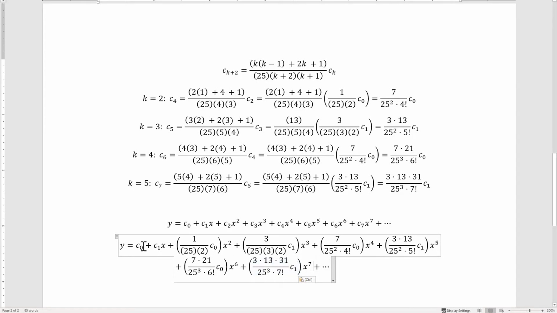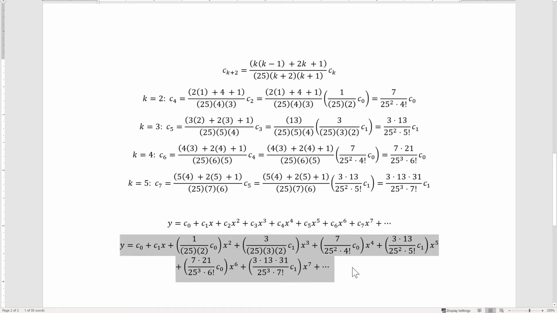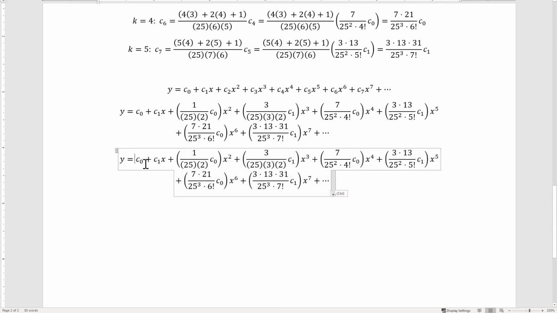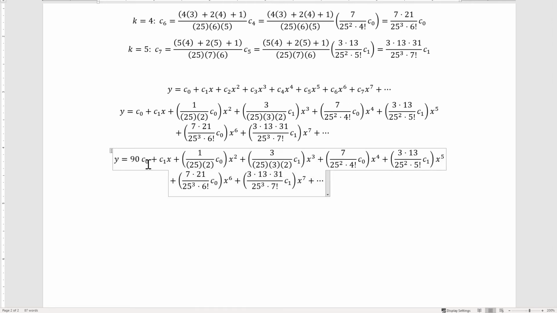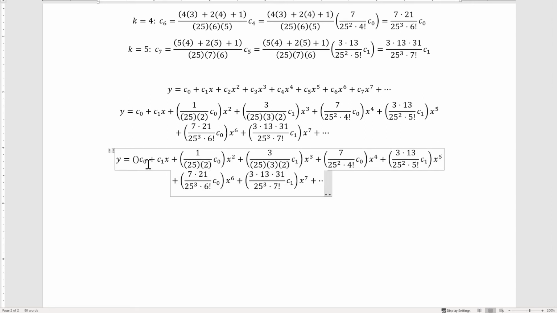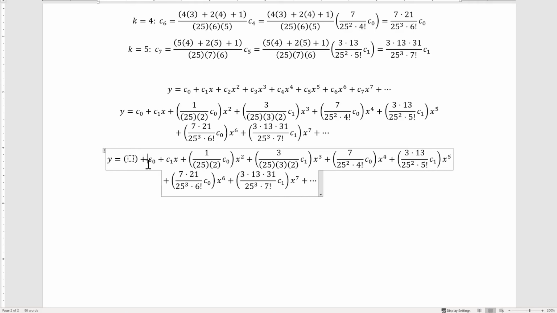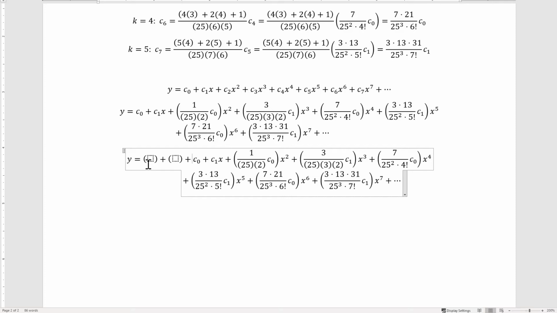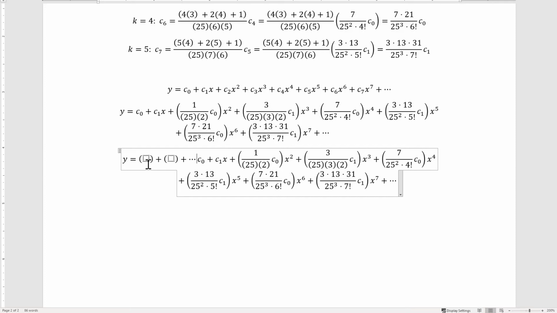Now, if you notice, there's C sub 0s that we can factor out, so we're going to regroup that. Let's copy and paste this and do the regrouping. Let's regroup it with a couple of parentheses. Let's try that again. Parentheses plus parentheses. All right, let's put the C sub 0s in there.